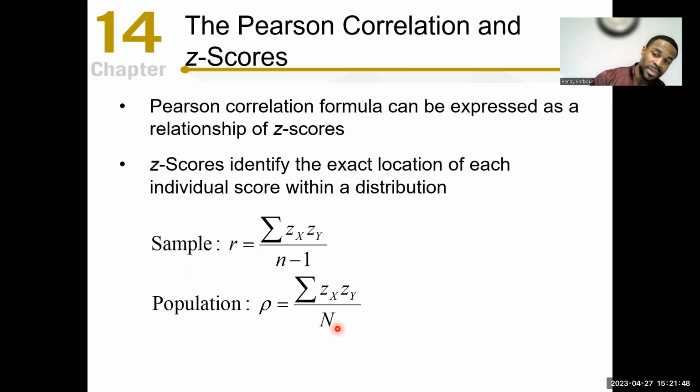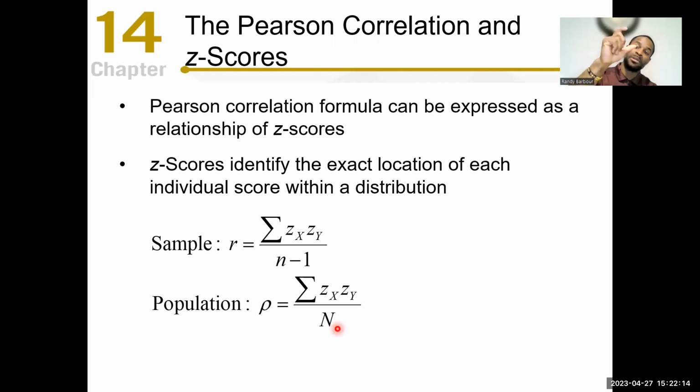We can use z-scores because z-scores tell us the location of our variables in a distribution. And since we want to know what the correlation is, we want to know what the location is. Is the location of X and the location of Y, are they in the same location, right? Or are they in different locations? And if they're in different locations, then the correlation will vary.